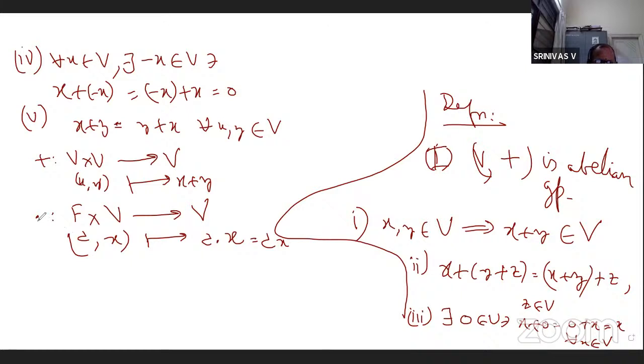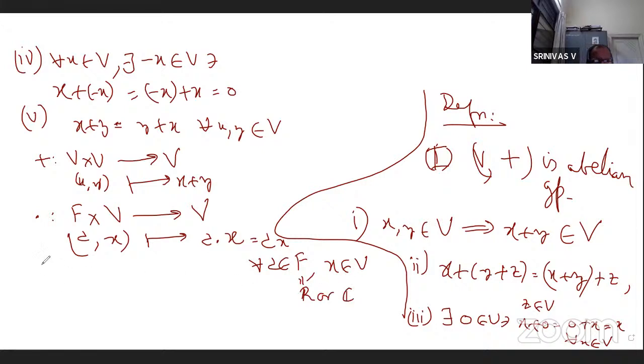So dot is scalar multiplication, F cross V into V. If this is true for each and every c in F and x in V, we say scalar multiplication is closed on V. F is a field. Usually in this course we take F to be the set of real numbers or the set of complex numbers.